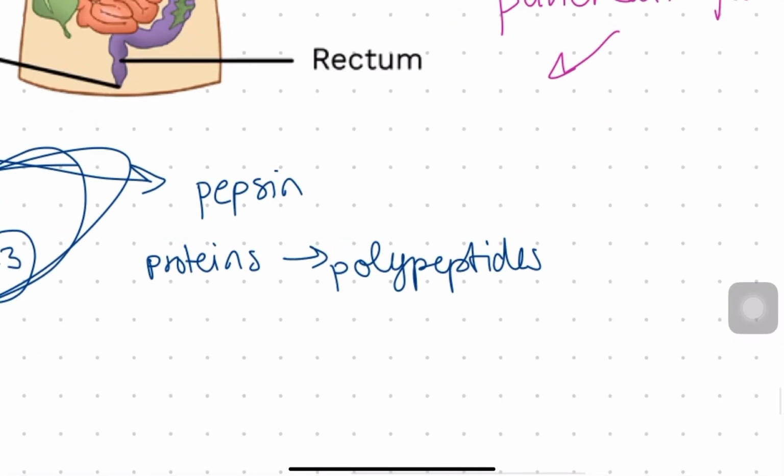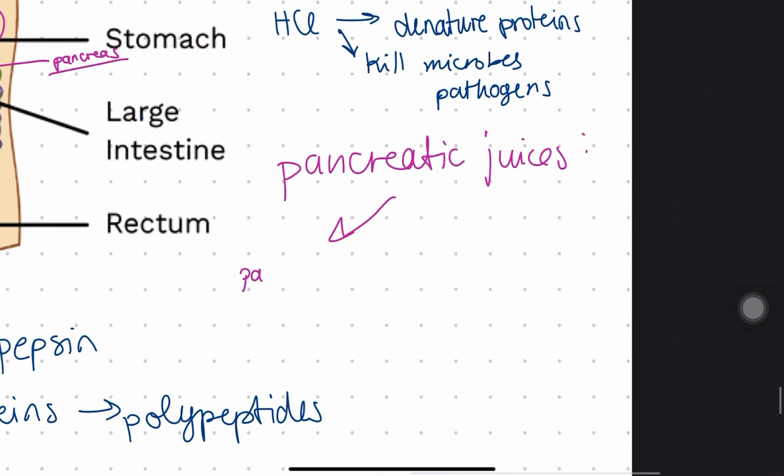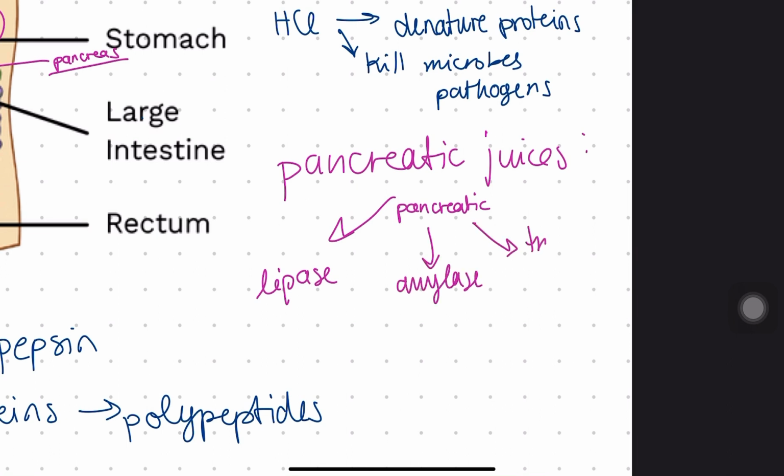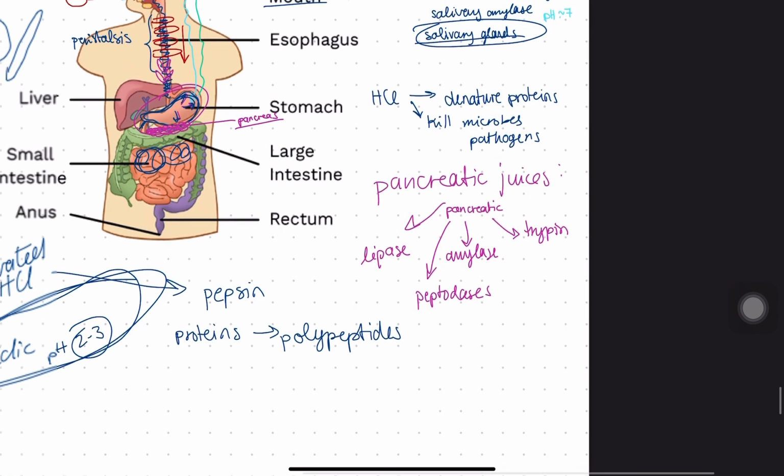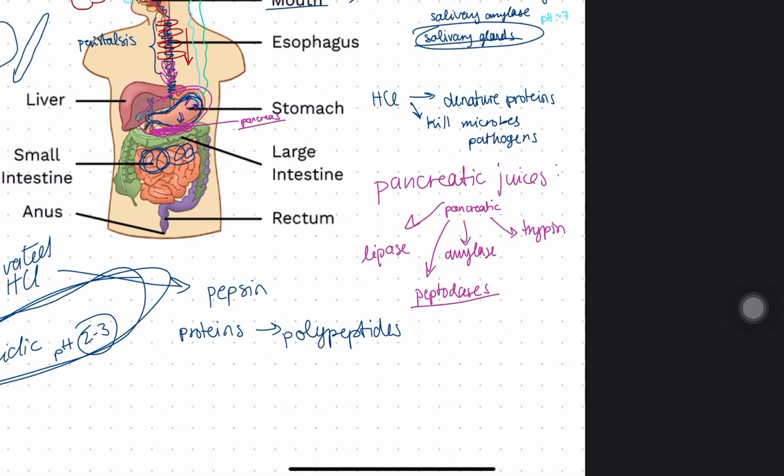Some of the enzymes in it, put pancreatic in front of any of these: pancreatic lipase, which breaks down lipids; amylase, which breaks down starch; trypsin, which breaks down proteins; and there's one more, peptidases. These are breaking down proteins.